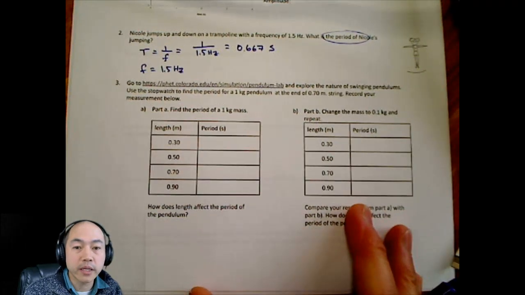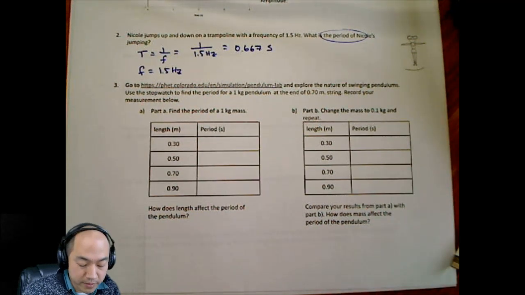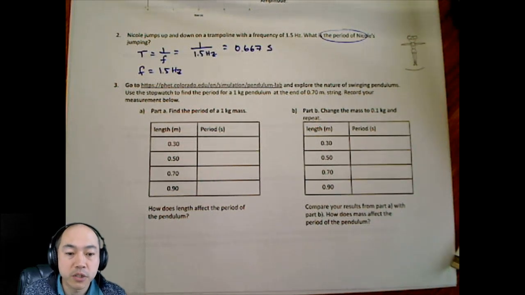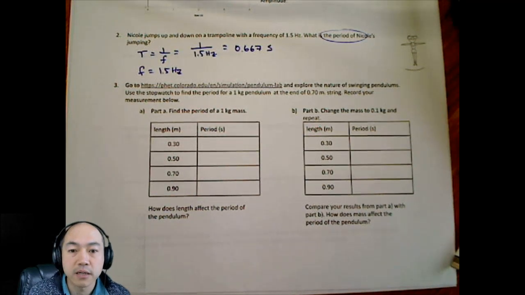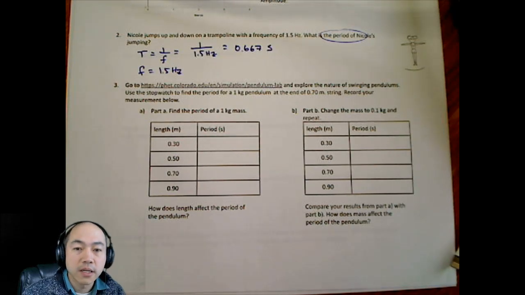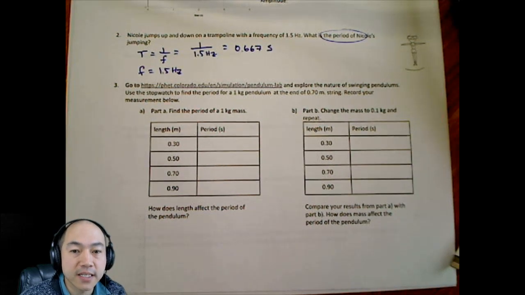Number 3, we're going to have to go to this website, and we're going to take some data here. All right, so we're going to go to this website, phet.colorado.edu/simulation/pendulum-lab.